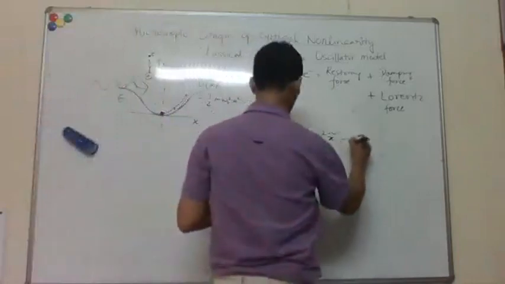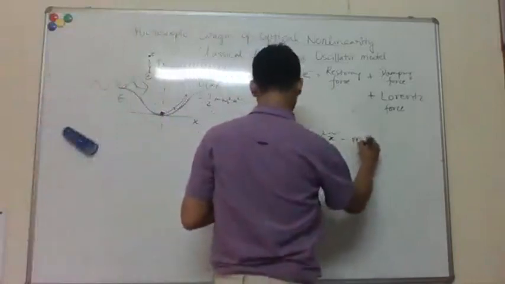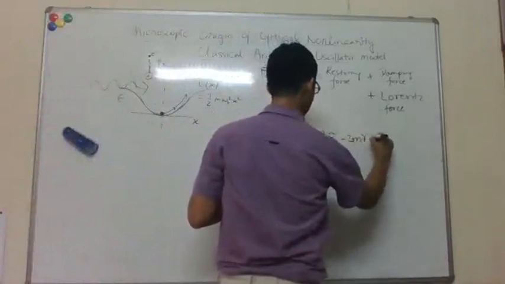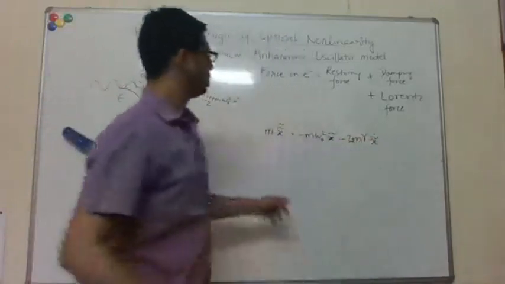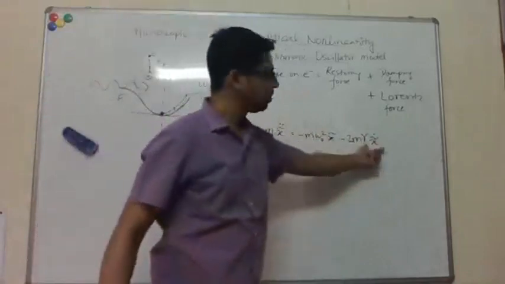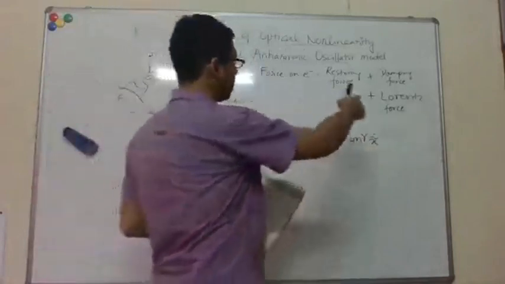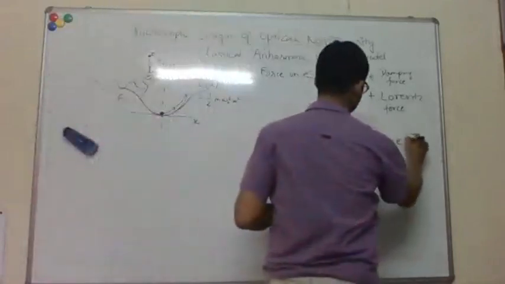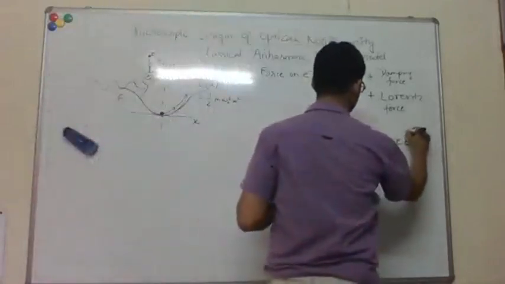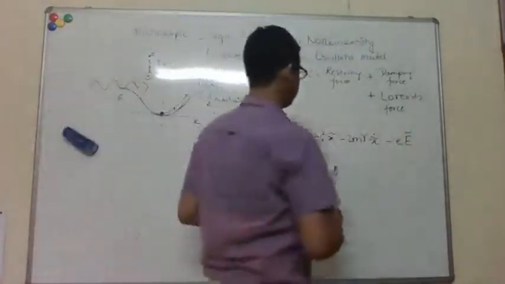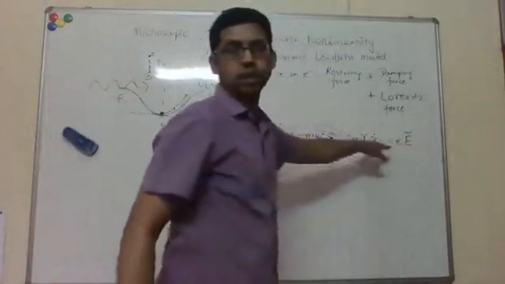The damping force is given by some constant gamma times the velocity, right? That's how we incorporate damping. And then the Lorentz force is the charge times the electric field, right?